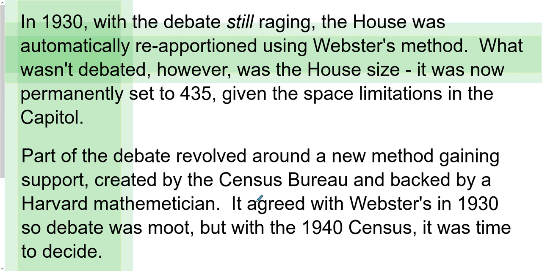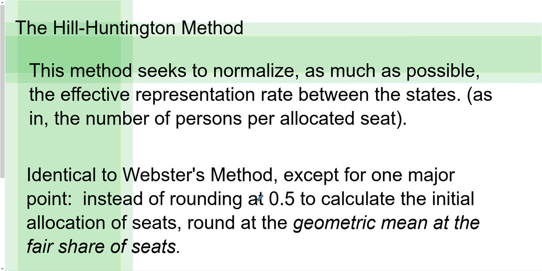So let's see what it looks like. This method is called the Hill-Huntington method, sometimes called the Huntington-Hill method, depending how you want to write it. The premise of this method is seeking to normalize the effective representation rate between the states. Webster's method makes as small as possible the arithmetic distance to the quota.